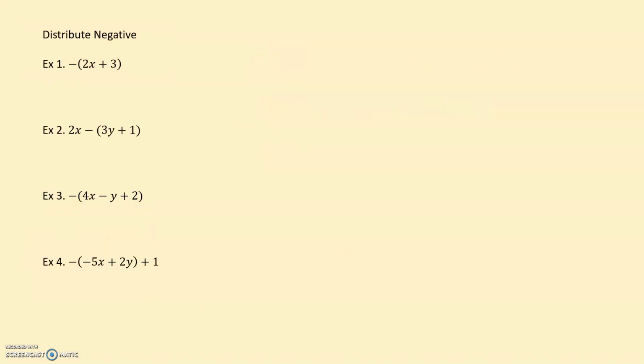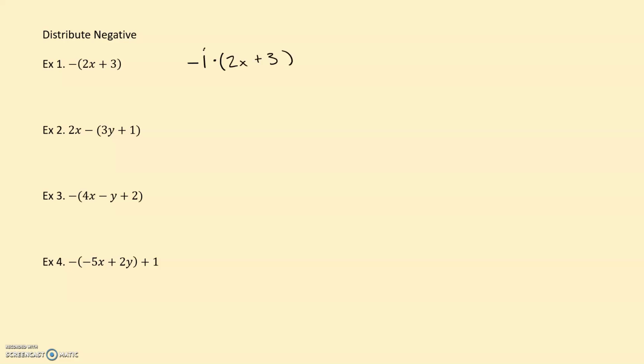Now let's look at some examples where we are distributing a negative. A lot of times the way this is explained is, instead of there being a minus sign out in front here, think about it as actually a -1 being multiplied by 2x plus 3.